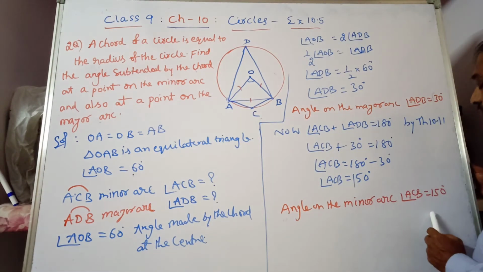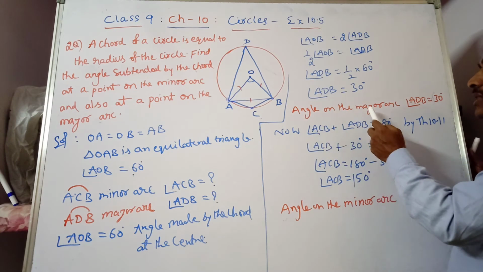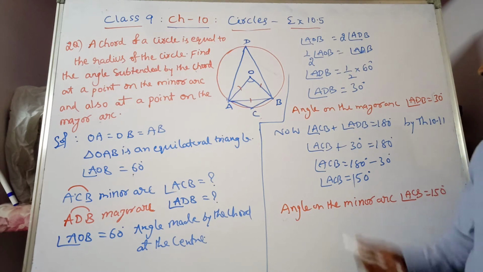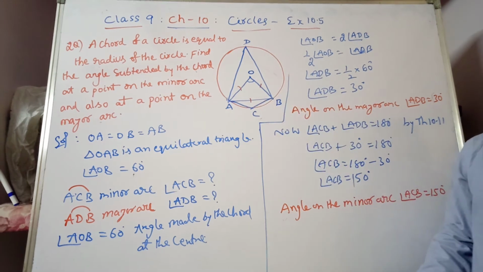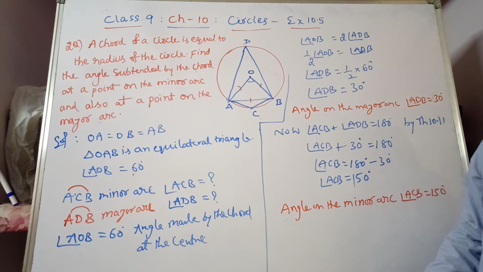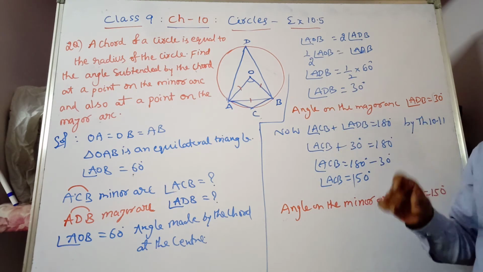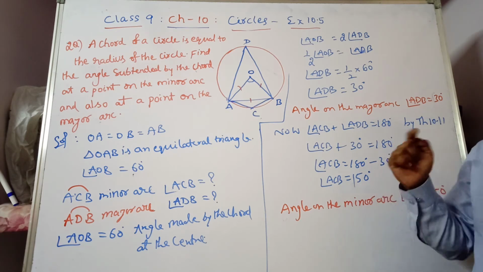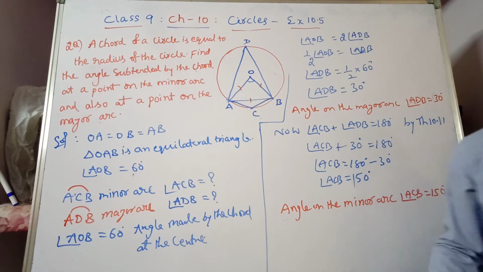On the minor arc we have ACB, 150 degrees, and the angle on the major arc ADB is 30 degrees. I hope you understood. This is theorem 10.11: opposite angles add up to 180 degrees in a cyclic quadrilateral. A cyclic quadrilateral is one whose four vertices all lie on the circumference of a circle. Is it clear?